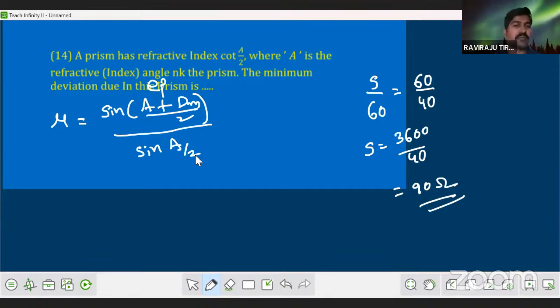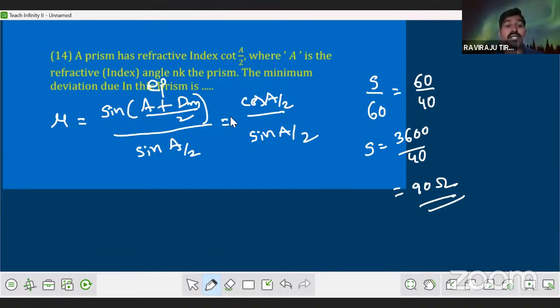And what is given for mu? Cot A by 2. Cot A by 2 can be taken as cos by sine only. So in the numerator you will get cos A by 2. In the denominator you will get sine A by 2. And of course, the denominators on both sides are the same only. You can cancel them. In the numerator, sine and cos functions became the same.